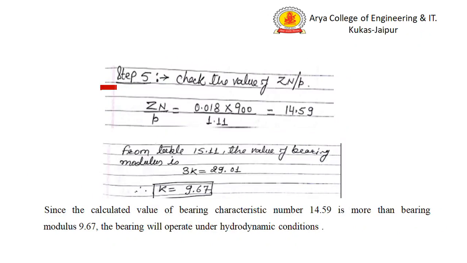In step 5 we found the value of the bearing characteristic number Zn by P. The value is 14.59 and the bearing modulus from the table is 9.67, and we found in the last lecture that the bearing characteristic number 14.59 is greater than the bearing modulus 9.67.